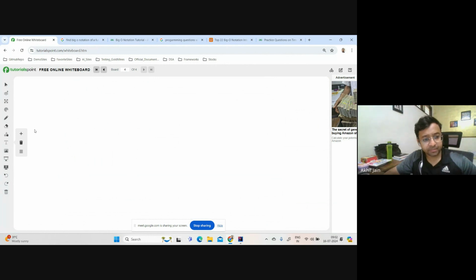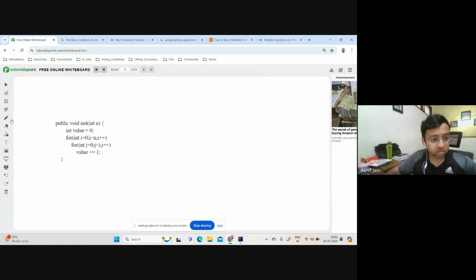So we have this. How many operations for this? One operation. It is running n times. This for loop is running n times, and this is a nested loop, so it is something like this.